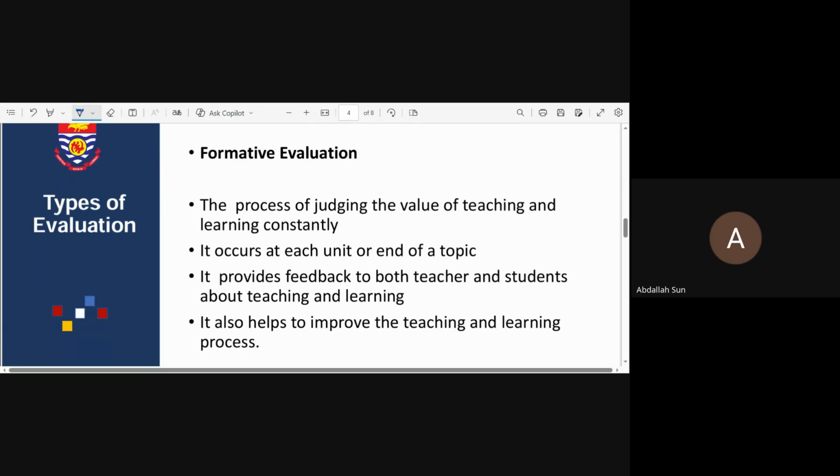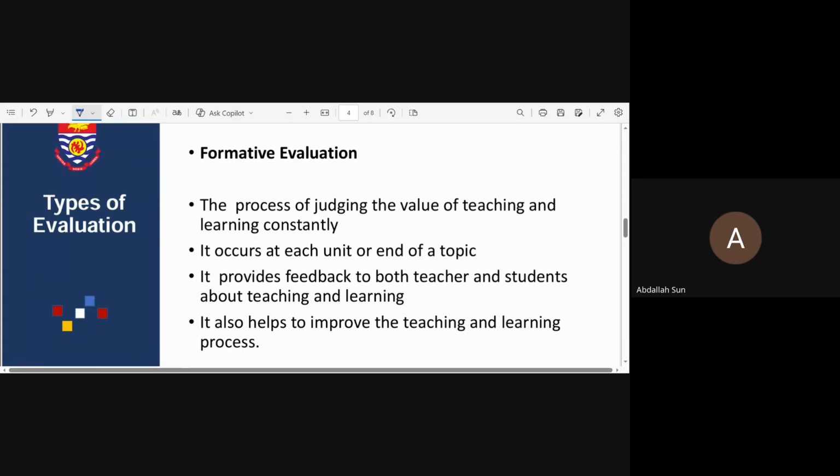So just as I said, whatever form of evaluation that takes place during teaching and learning is known as formative evaluation. It also occurs at each unit or at the end of a topic. Then it also provides feedback to both teacher and student about the teaching and learning that has taken place in the class.